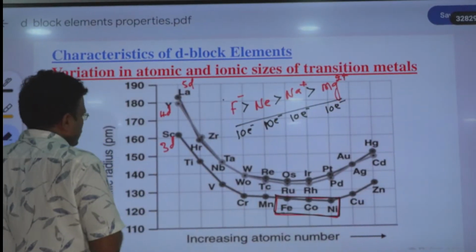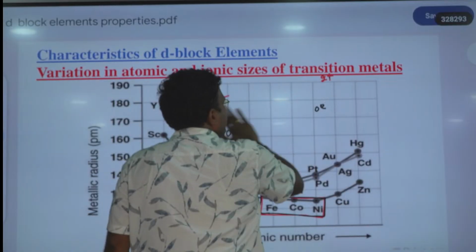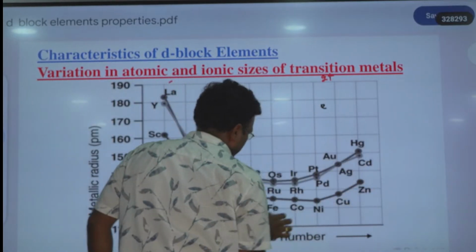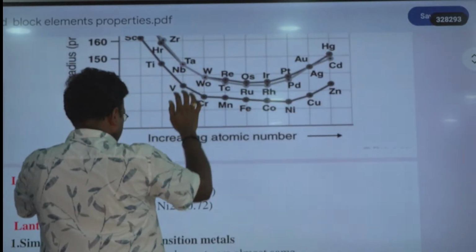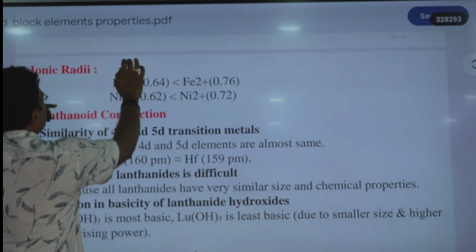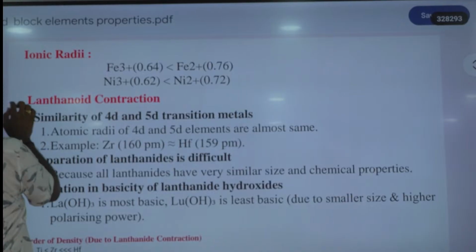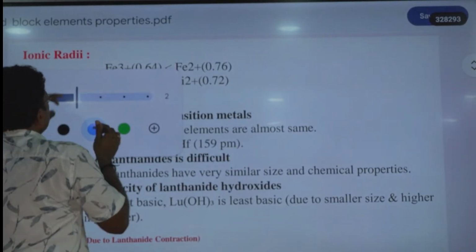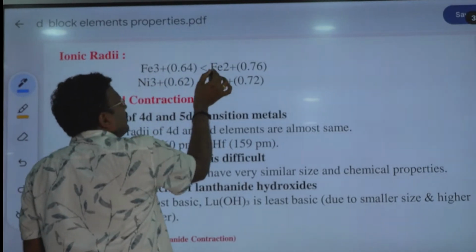Next, some more examples are given here. Very, very important for competitive exams. Ionic radius: for example, iron plus 3 and iron plus 2.